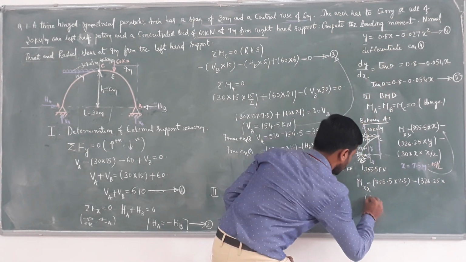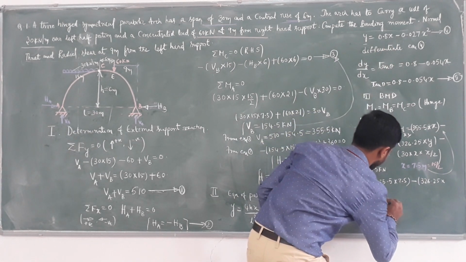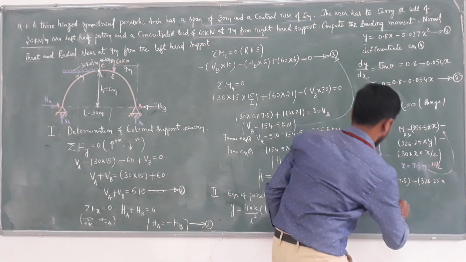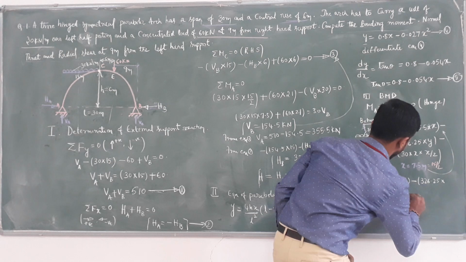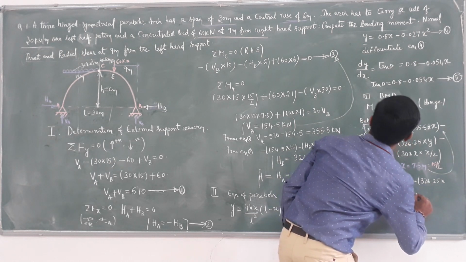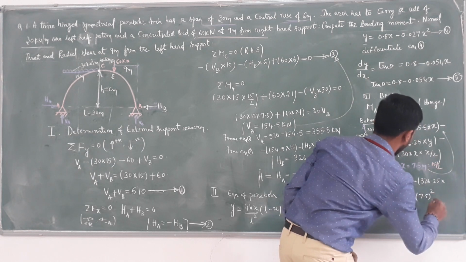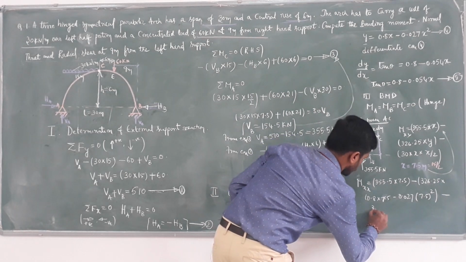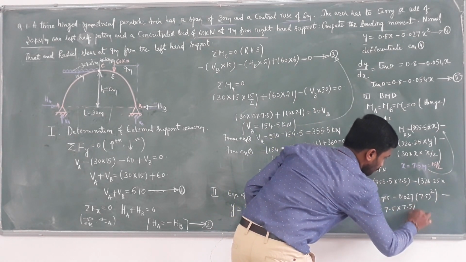That is 0.8 into x, x is 7.5, minus 0.027 into x square, that is 7.5 square, minus 30 into 7.5 into 7.5 by 2.